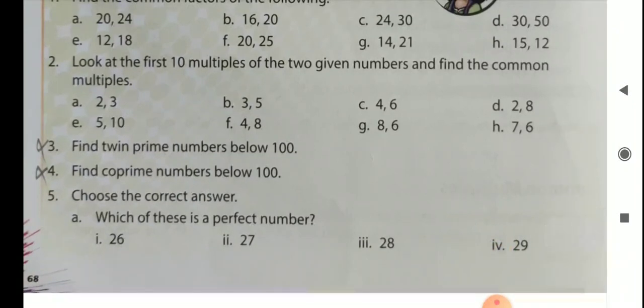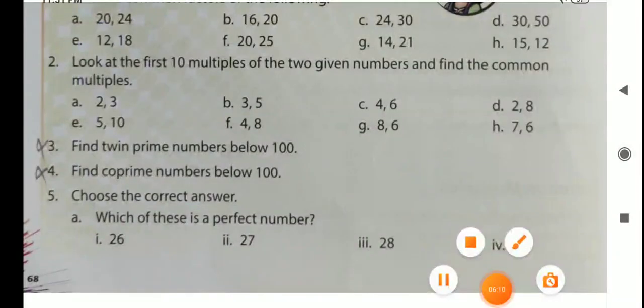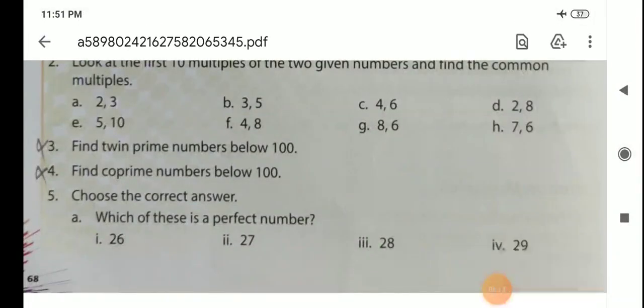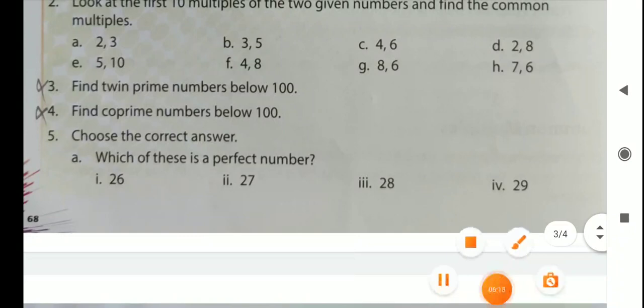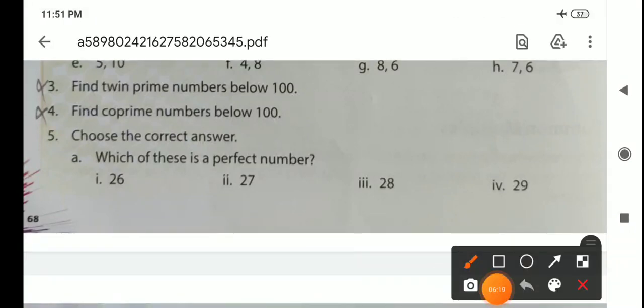You don't need to write number 3 and 4. Then directly comes number 5. Here, children, you see 5a. Which of these is a perfect number? Perfect number, children, we already know. If we add their factors and the sum is the same as the number, then we get a perfect number.